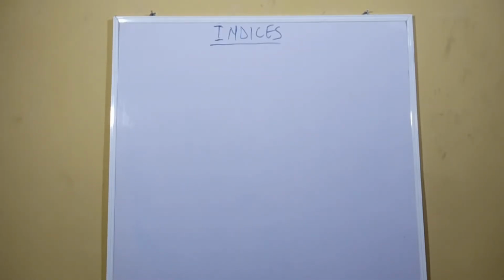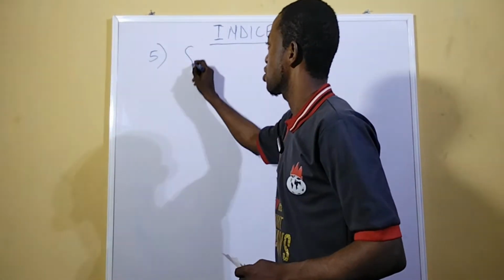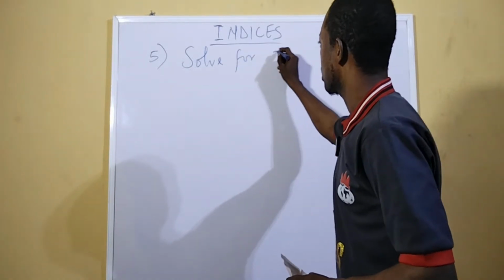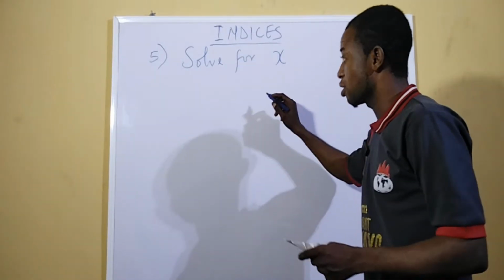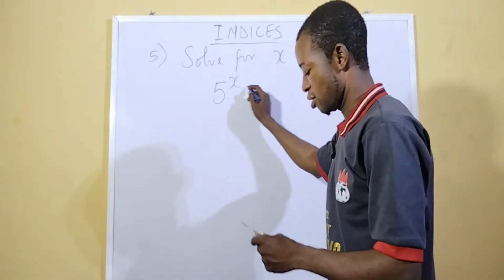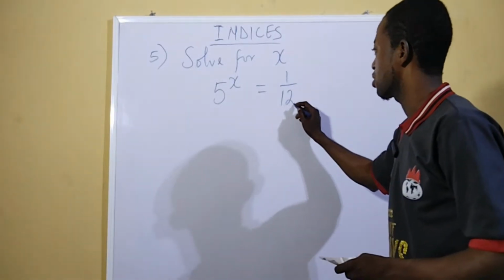So solve for x, the 5th question. Solve for x in 5 raised to power x equals 1 over 125.